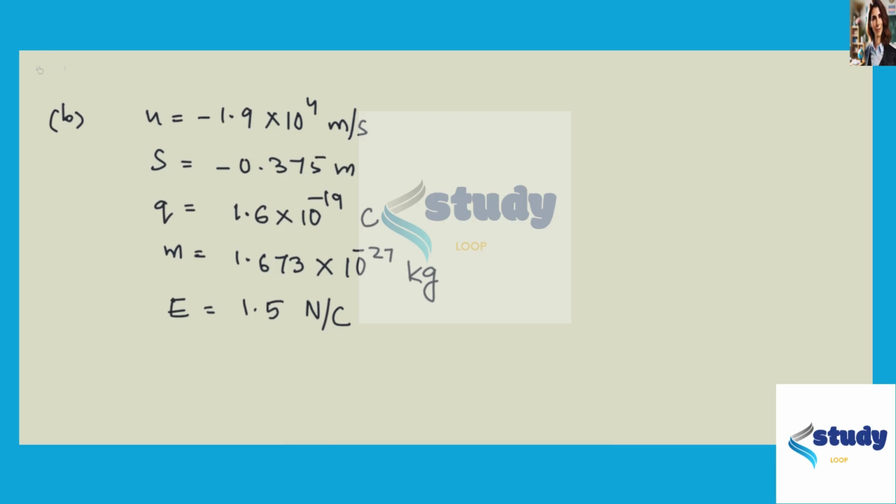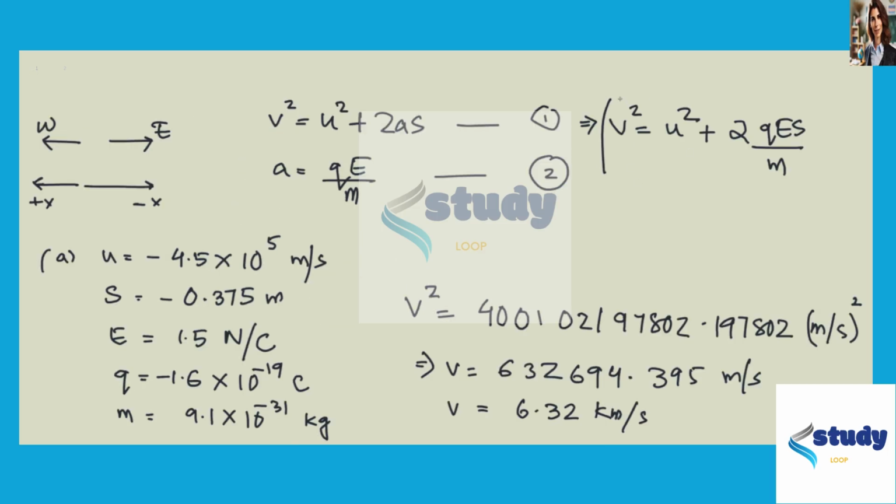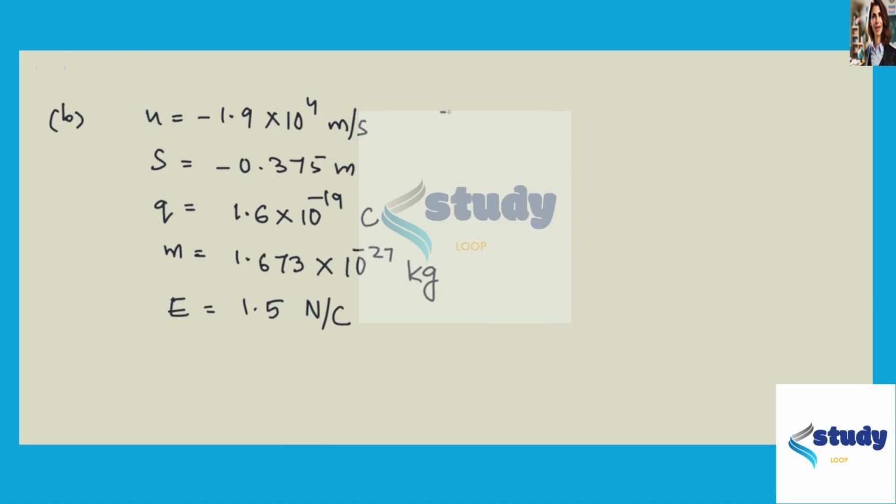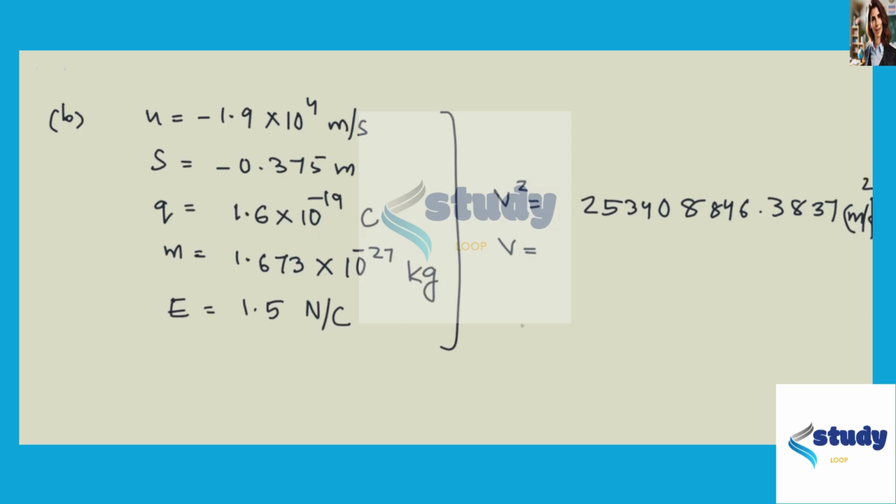Now again we will use this boxed equation, where we have the acceleration expressed in terms of the known variables, and solving this equation we find v squared to be equal to 253408846.3837, which is in meter squared per second squared.